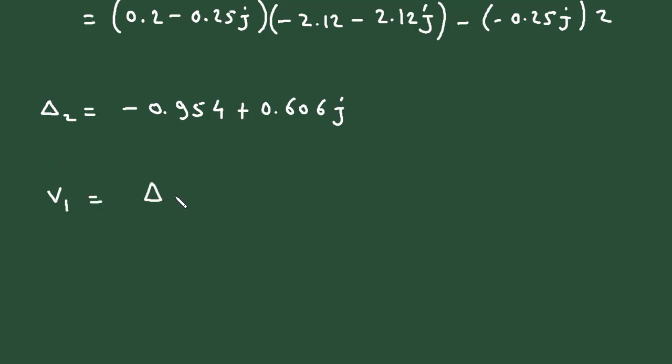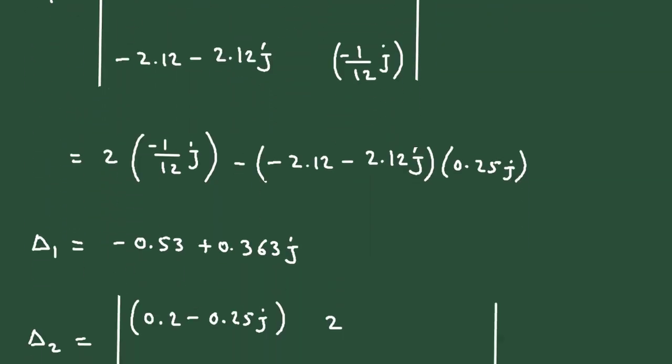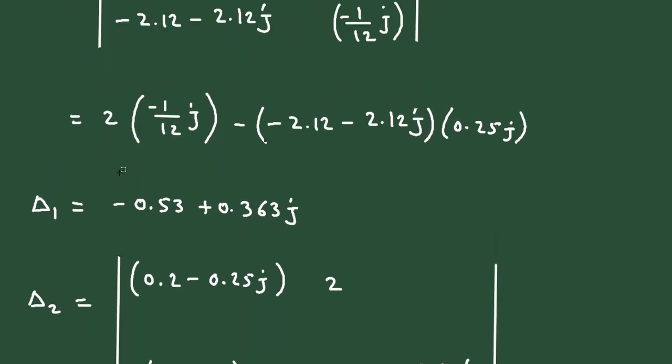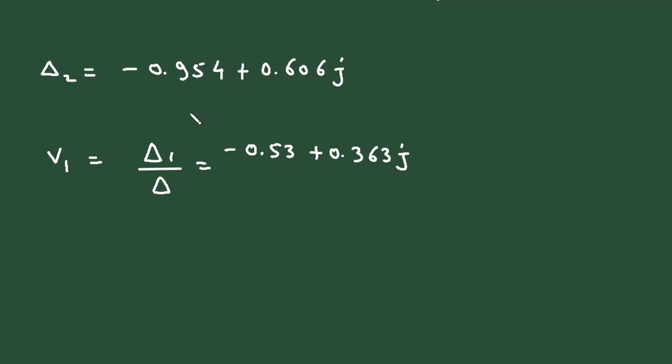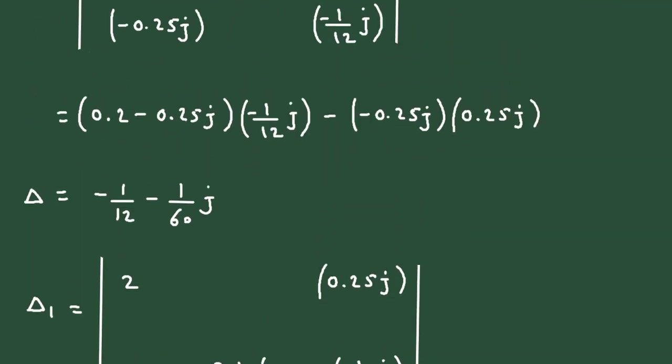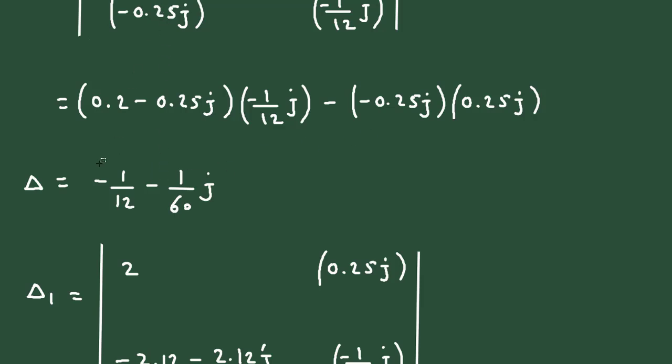So for finding V1, it will be delta 1 divided by delta. So the value of delta 1 is, this is the value of delta 1. Delta 1 divided by delta value. So delta value is, this is the value of delta.